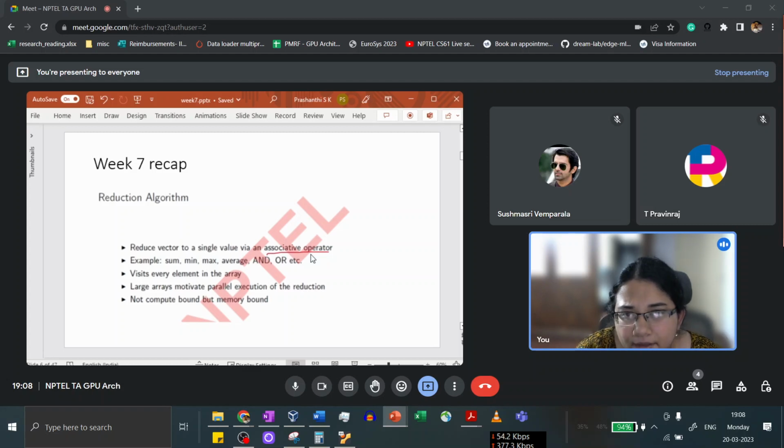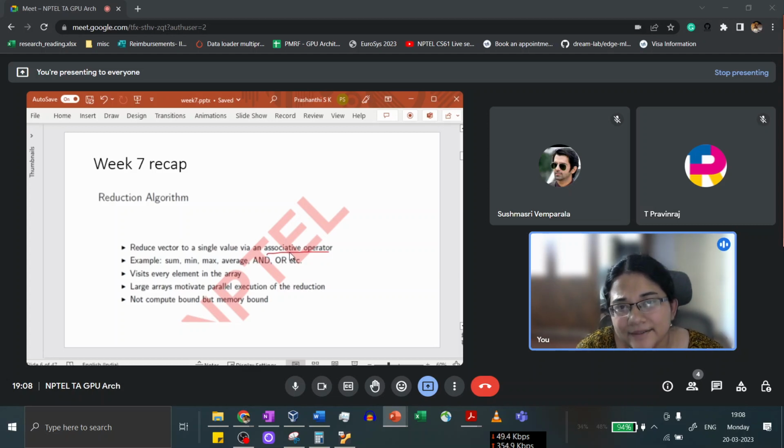In case you don't remember what associativity means, take a simple operation like addition. You know commutativity and associativity: A plus B equals B plus A. Similarly, on 3 things we define associativity, A plus B plus C. So we talk about operators for reduction that are associative.